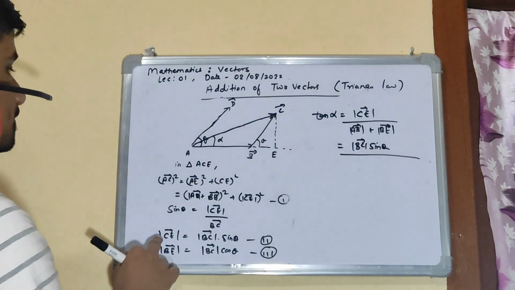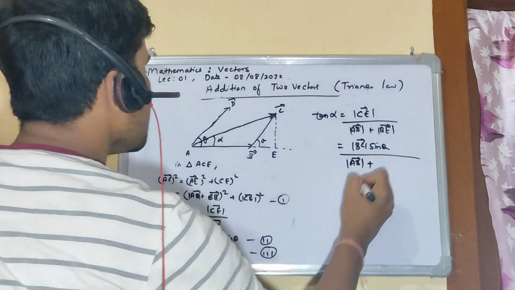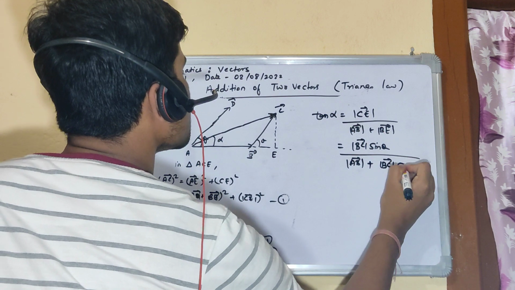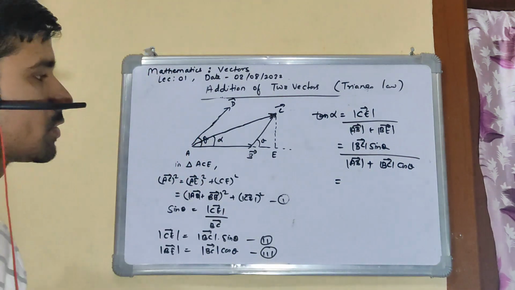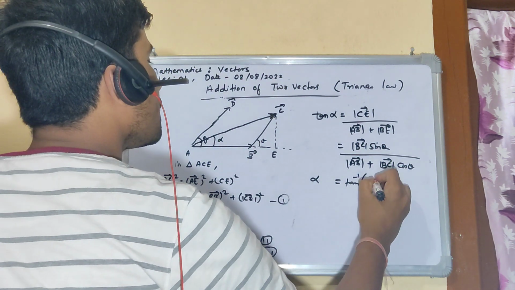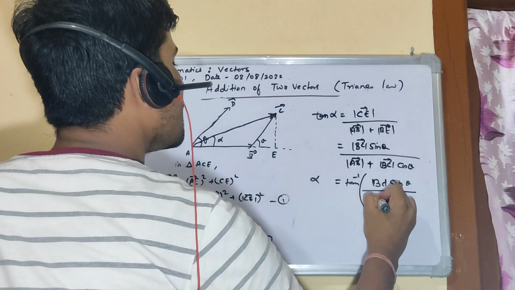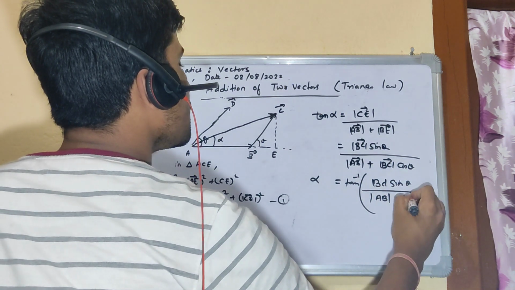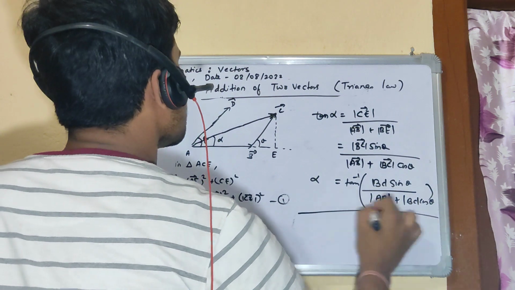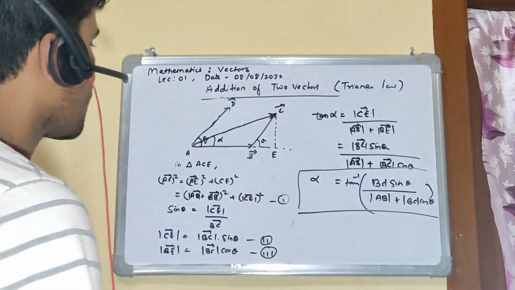AB is already given to us, and BE is BC cos theta, right? So alpha is nothing but tan inverse of BC sine theta by AB plus BC cos theta, right? This is the expression of alpha, which is the direction of this resultant vector, right?